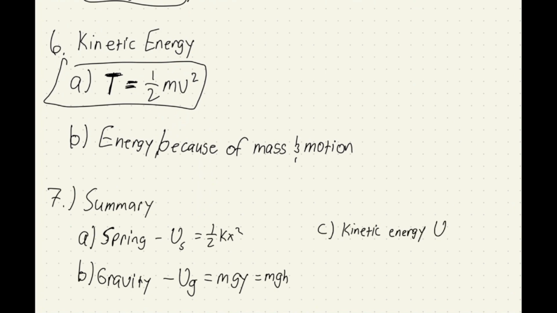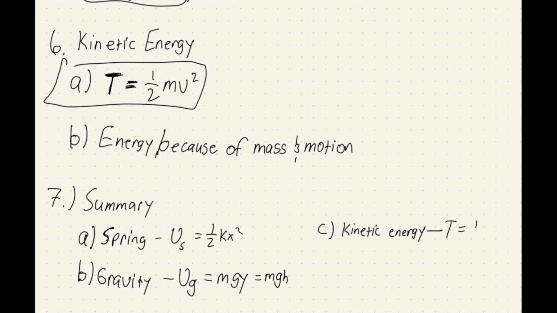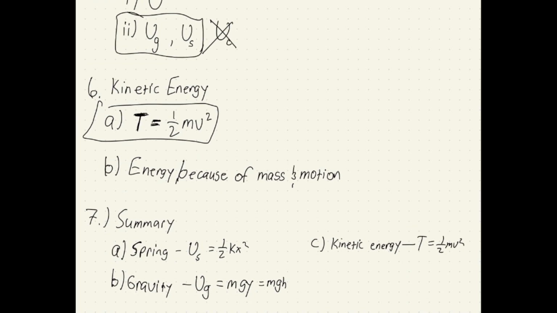That is not U, but T is equal to 1/2 mv squared. So those are the three equations that we will be using pretty heavily for the next couple weeks. So pay attention to those, write them down, memorize them, become good friends with them, because if you don't like them now, they're going to come back to haunt you.